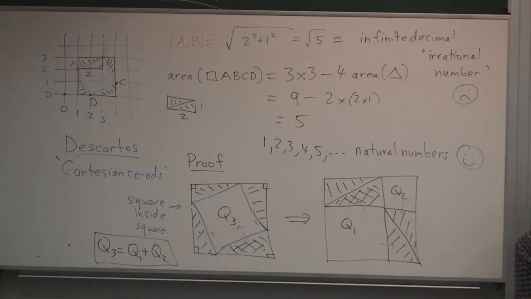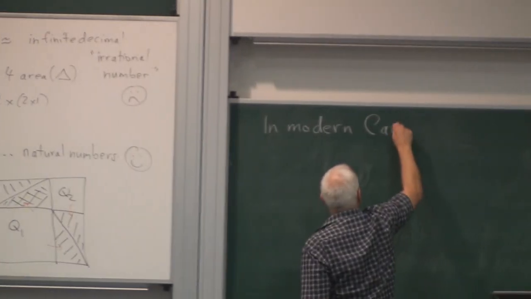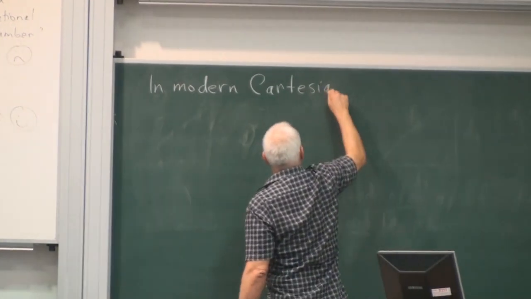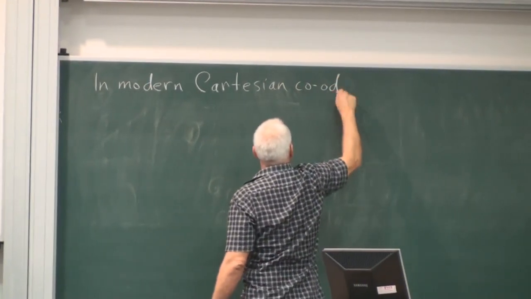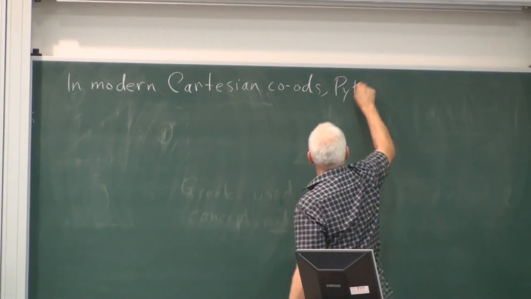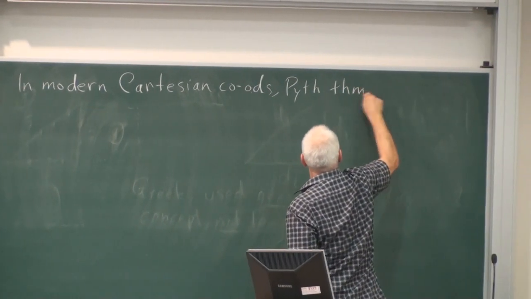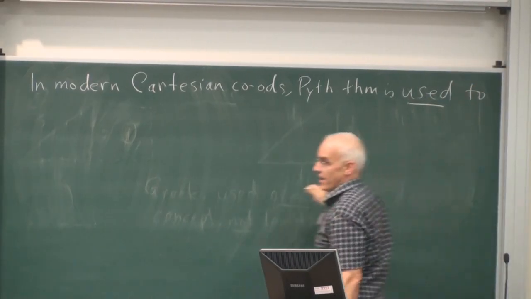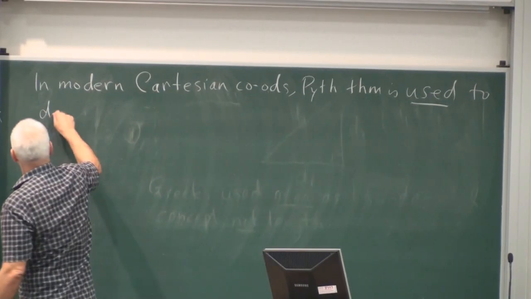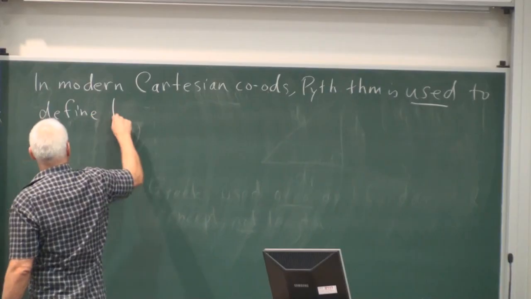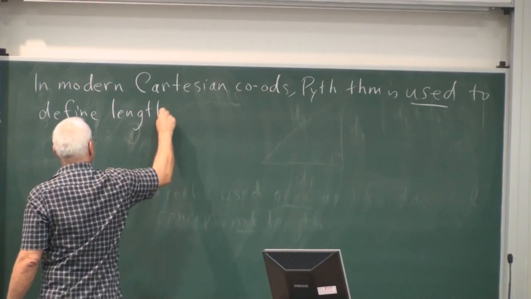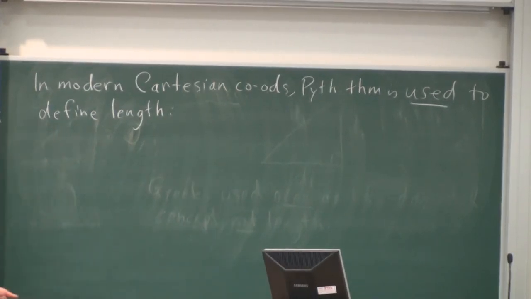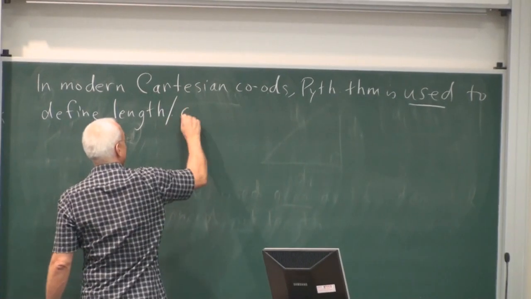So in modern Cartesian coordinates, Pythagoras' theorem is used to define length, or distance, same thing.